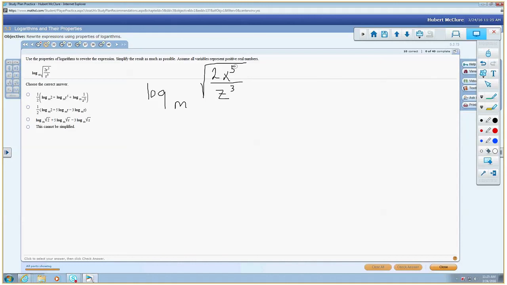First thing I would do, is there any logarithmic properties with a radical? No. So get rid of the radical.